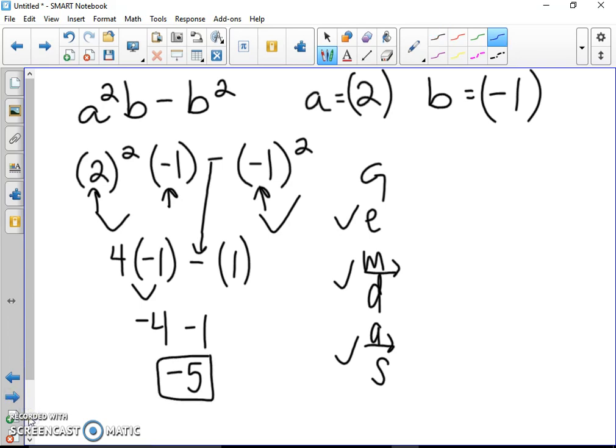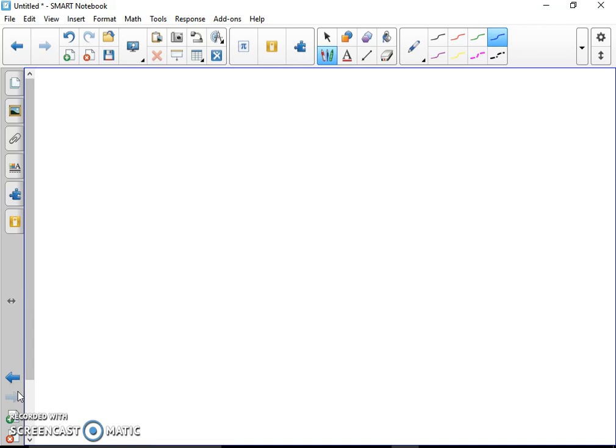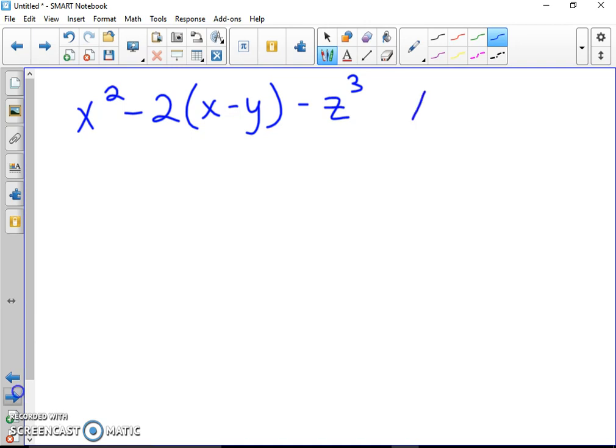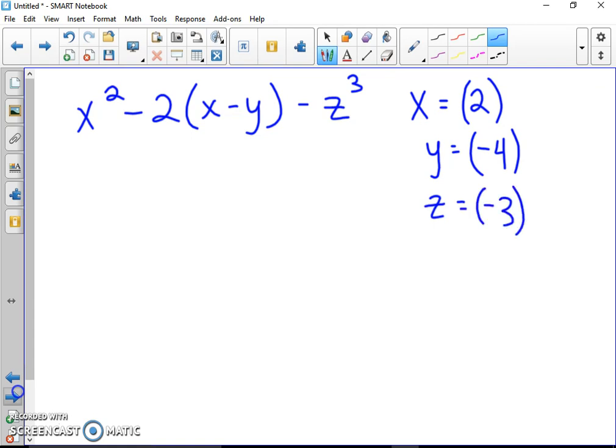We're going to do one last example together, and this one's going to have 3 different variables. So I have x squared minus 2 times (x minus y) minus z cubed. And let's say that x is equal to 2, y is equal to negative 4, and z is equal to negative 3.